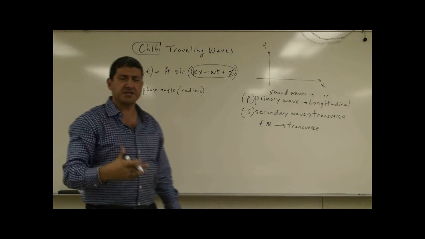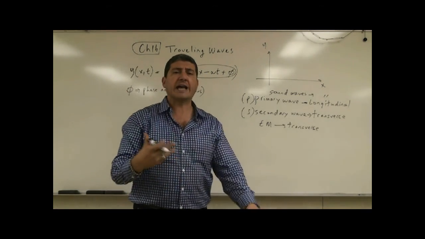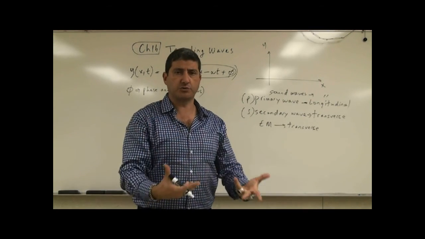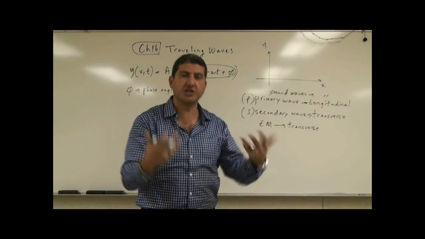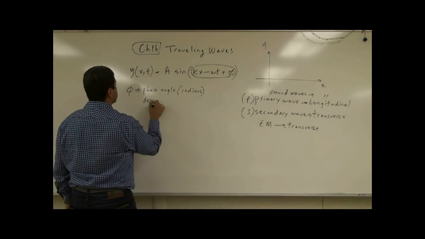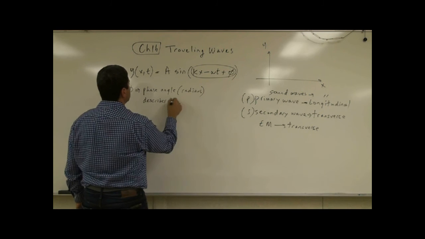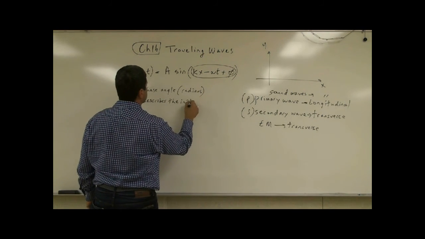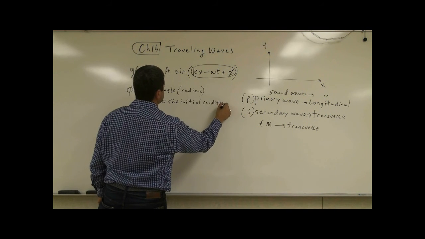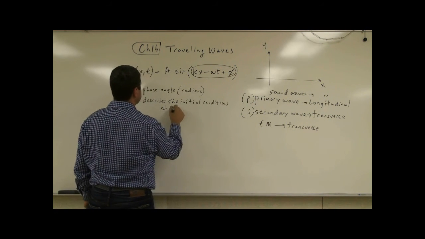The phase angle is essentially telling you what's happening to the wave at the beginning, when x is 0 and t is 0. So it's kind of like the initial conditions of the wave.